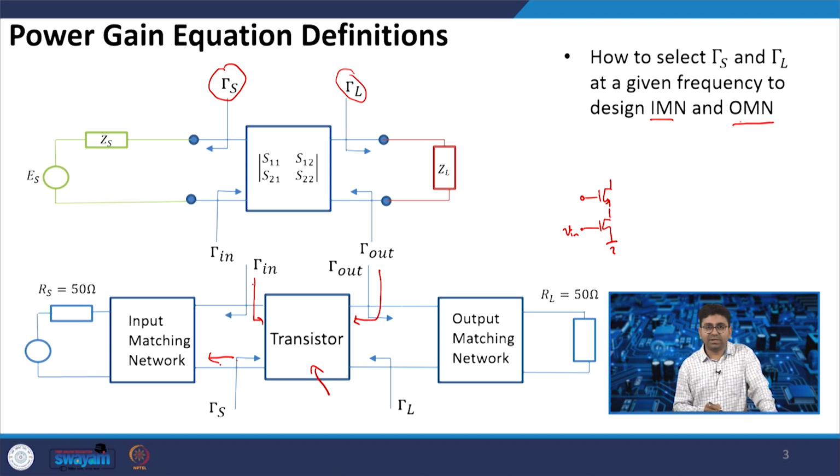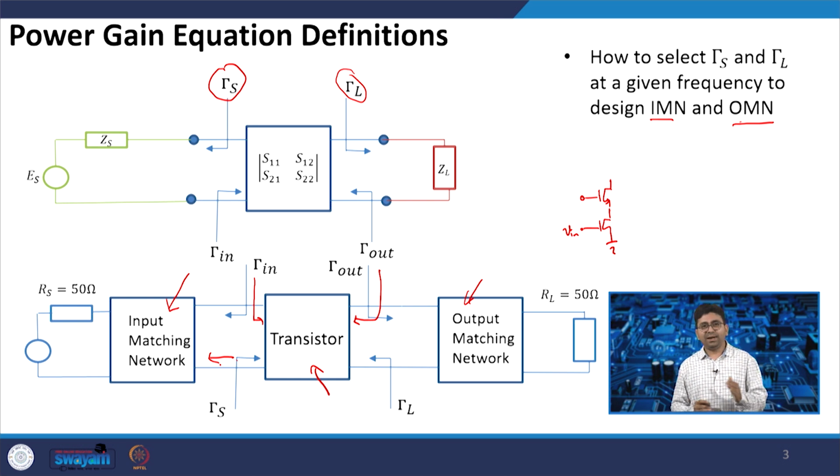We already found in the last class, by using Mason's rule, how to get gamma in and gamma out. Gamma in depends upon gamma L and gamma out depends upon gamma S. Our aim is to design the input matching network and output matching network, and there are different power gain equations based on what you are considering: either completely the input side, considering the source, or completely the output side.